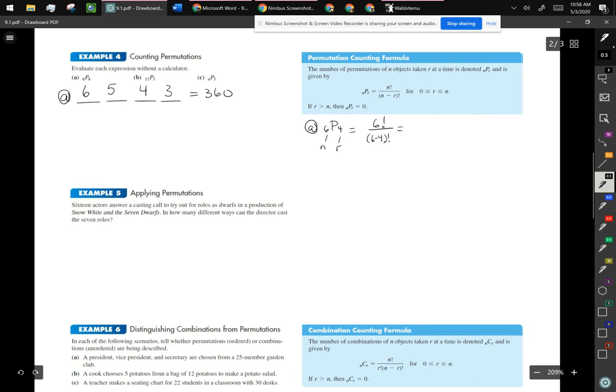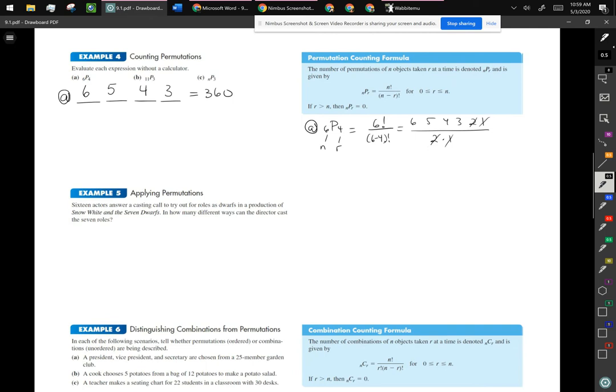Well, that'd be 6, 5, 4, 3, 2, 1, and that'd be 2, 1 on the denominator. Notice the 2's cancel out, the 1's cancel out, and you're left with 6, 5, 4, 3. That n minus r factorial on the denominator basically removes all the spots that we didn't need, because we're only picking 4 things. And that's how the formula works.